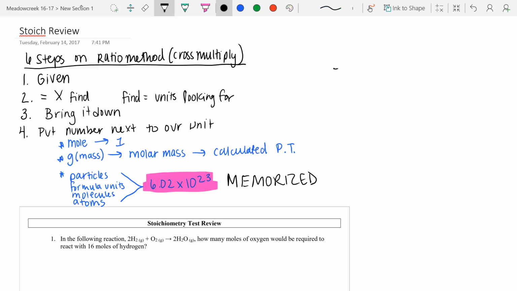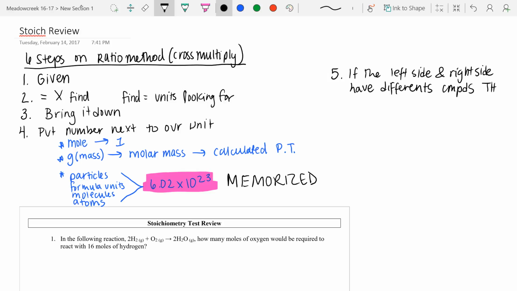Now, step number 5 is if the left side and right side have different compounds, (I'm going to abbreviate compounds as CMPDS), then what we're going to do is we multiply by our coefficient.